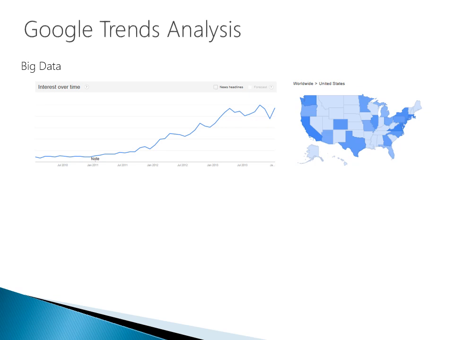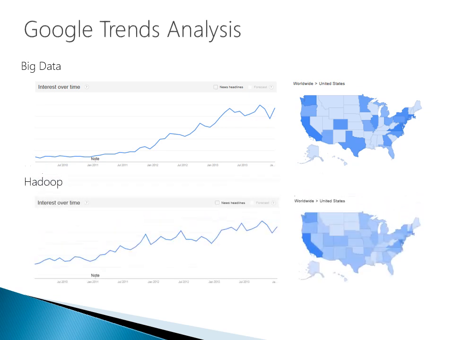But if we dig a little deeper, and instead of big data, we look at Hadoop, which is the technology that powers big data, we see that there's been steady interest over time. But notice how the map is different. It's all centralized in California. So California and Silicon Valley in particular is the hotspot where big data is born and growing.